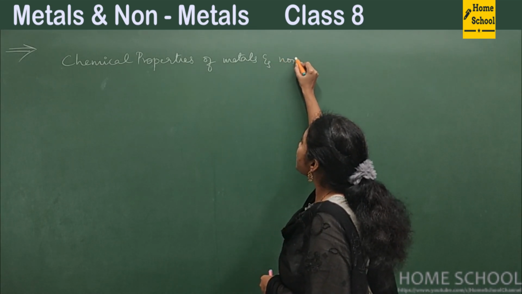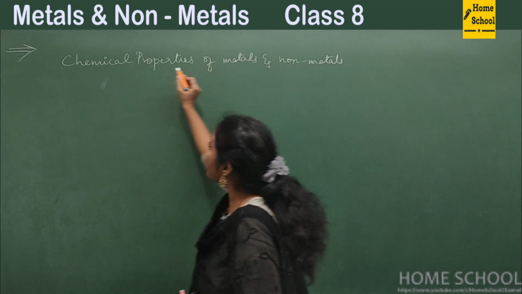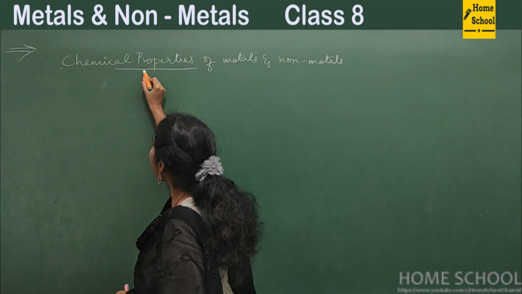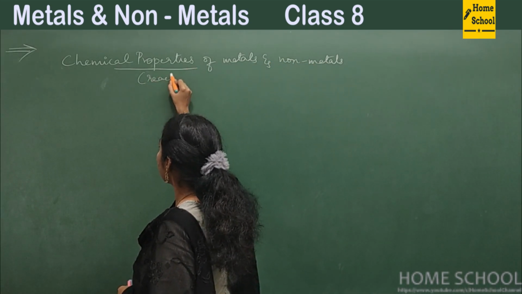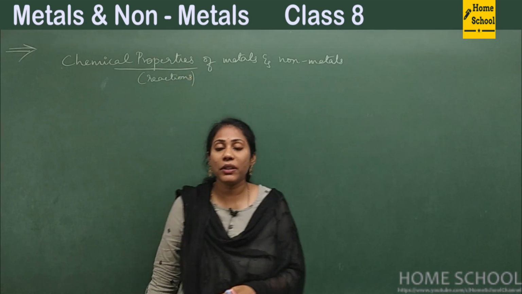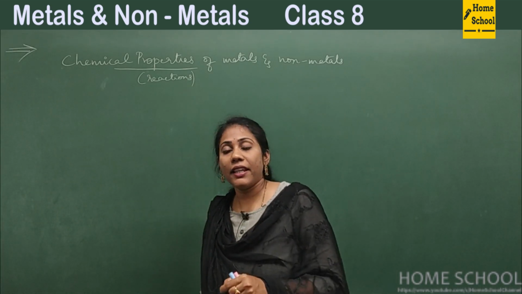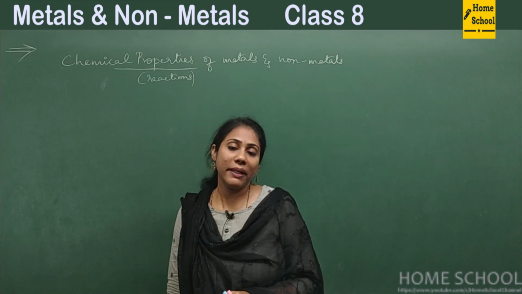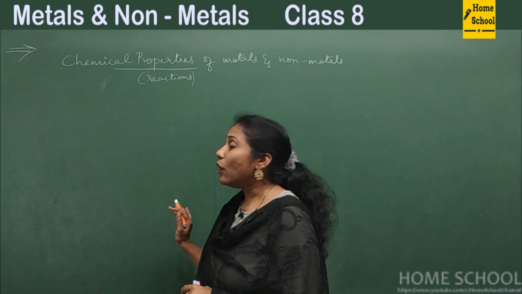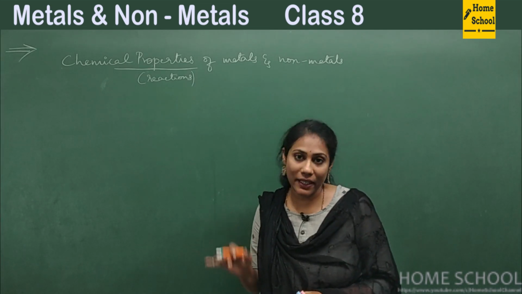There are so many chemical properties, in the sense of chemical reactions. Based on chemical reactions, one can identify whether something is a metal or a non-metal. Now let us learn about chemical reactions one by one.